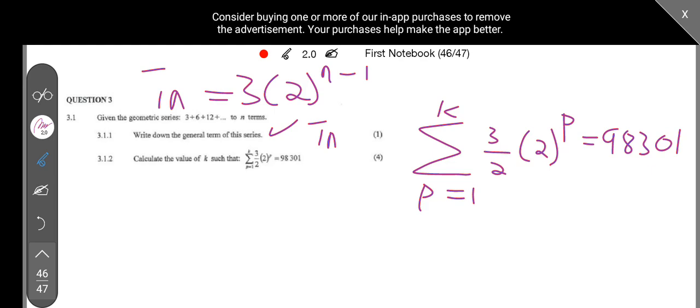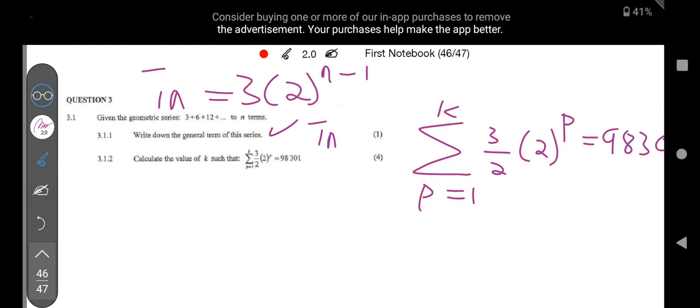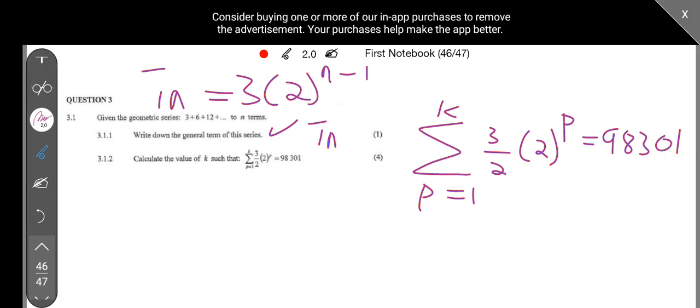All of this stands for the sum, and they said that the sum is equal to this. This means that we are given the sum. So we can go further and write that Sn is equal to 98301. So that is the sum.